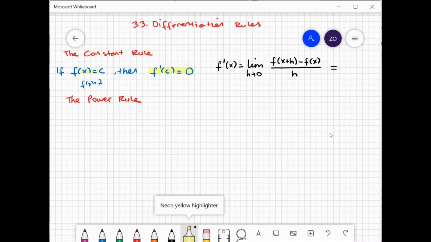So what is f of x plus h? Can you evaluate this function at x plus h? This is our f function. What do you get when you plug into this function x plus h? It is c.